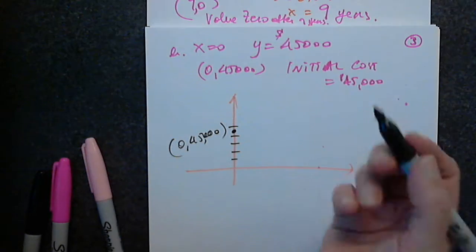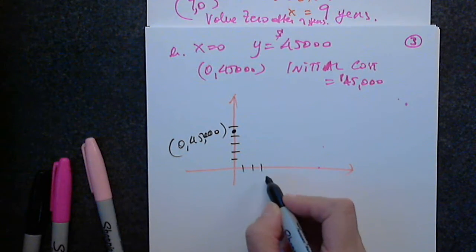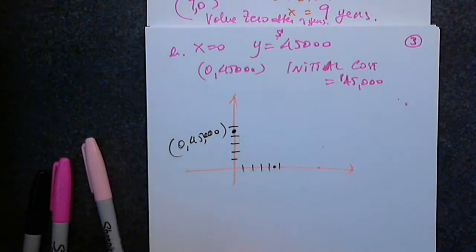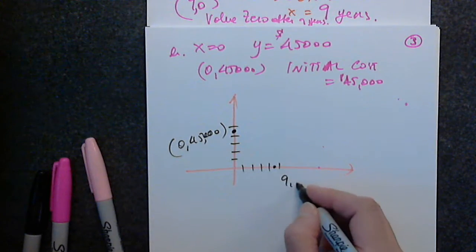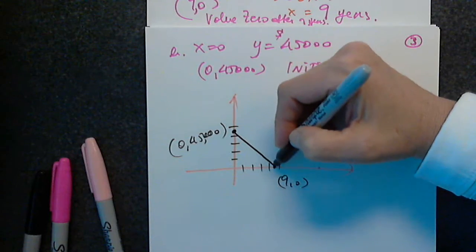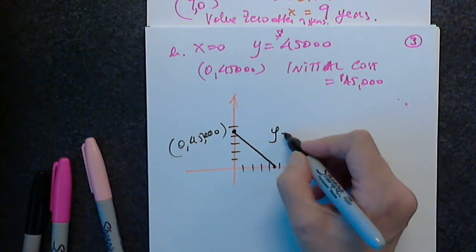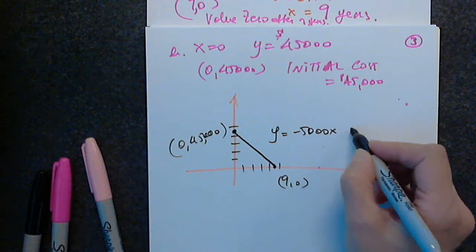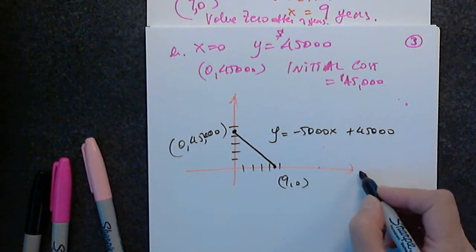And then for years, I'm going to say 2, 4, 6, 8, 10, and this is 9. So (9, 0). So here's the graph of y equals negative 5,000x plus 45,000.